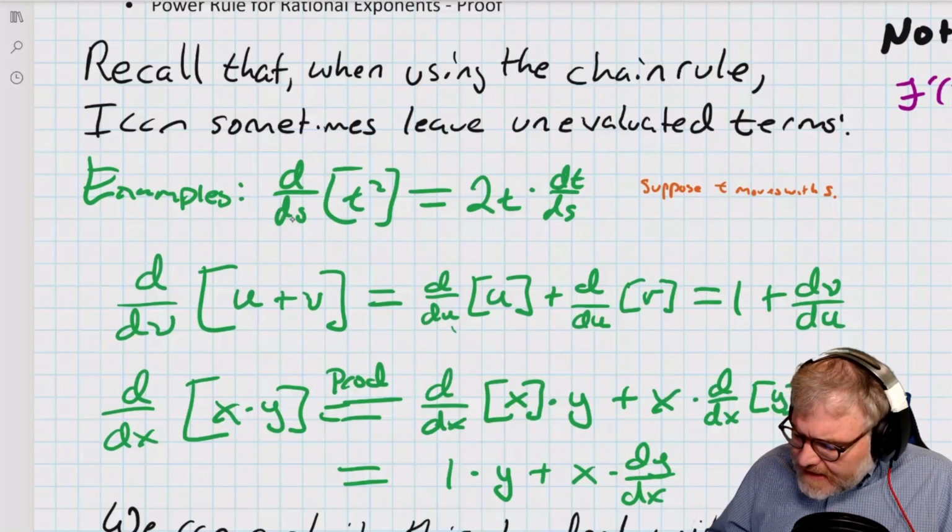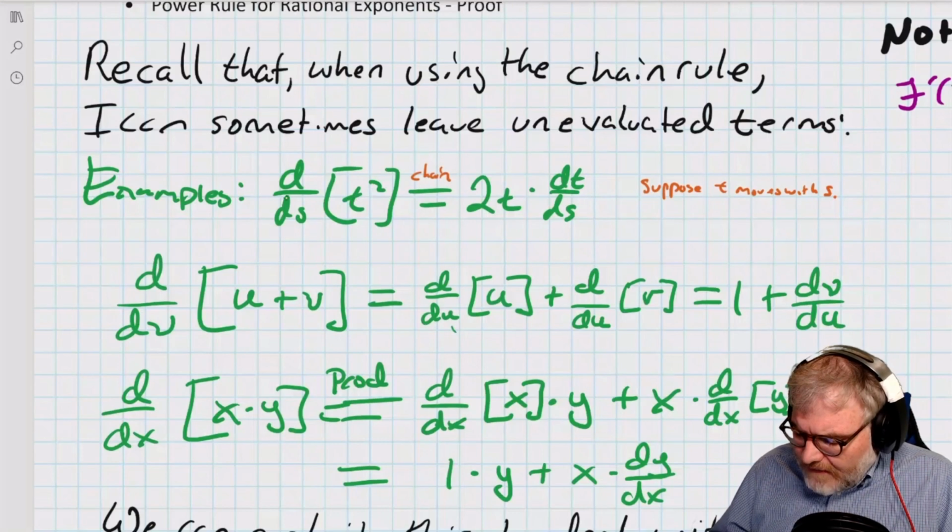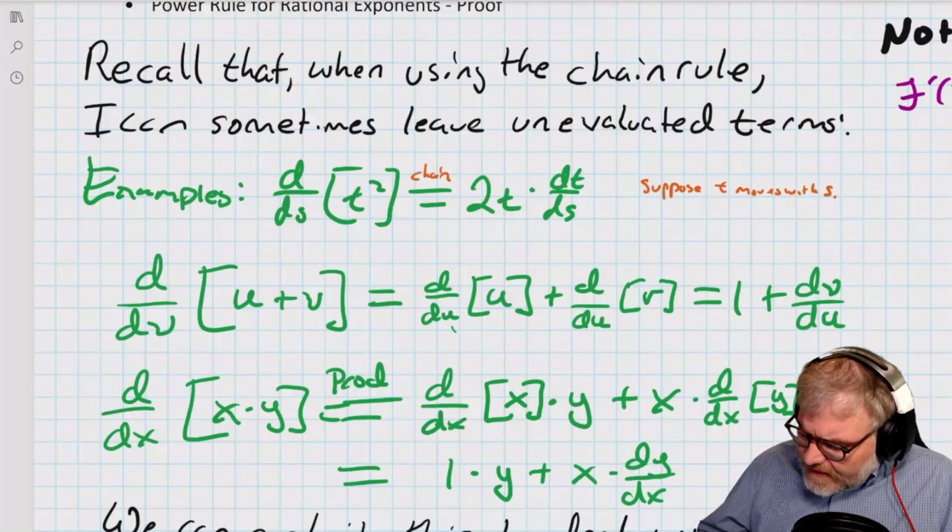So when I do this, I have an unevaluated term when I do the chain rule, right? I'm going to have d over dt. And let's actually write this out.